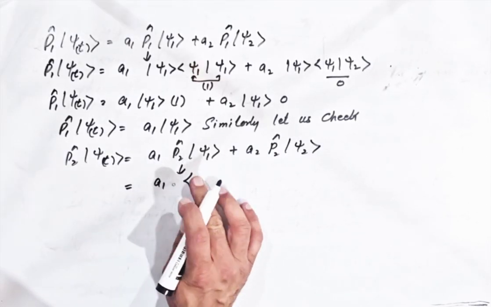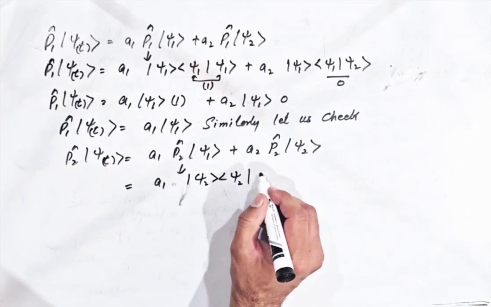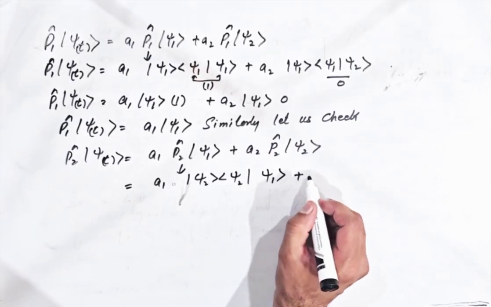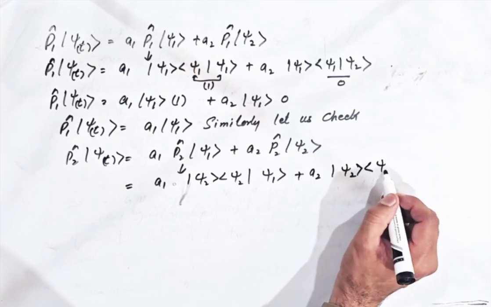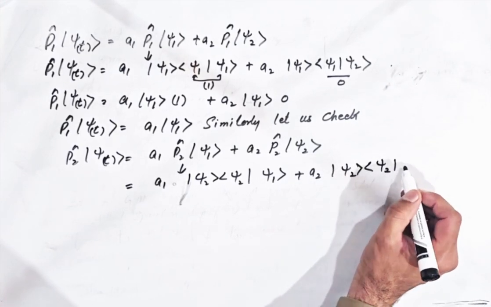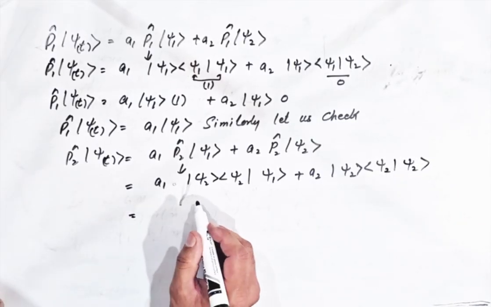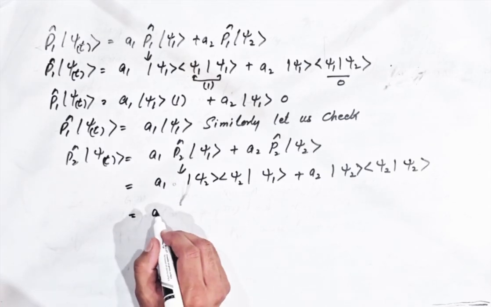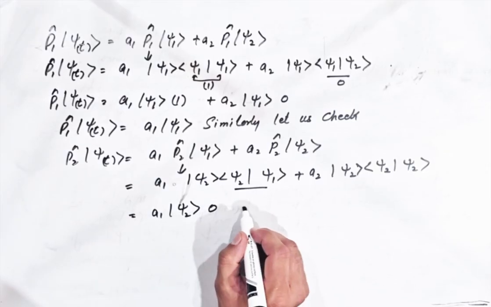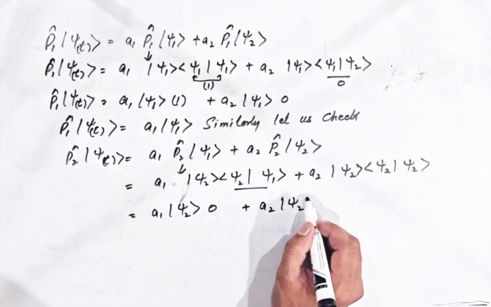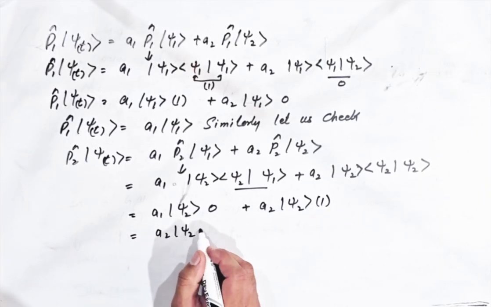This projection operator is psi 2 on psi 1 plus a2 projection operator psi 2, the projection operator on psi 2. a1 psi 2 is equal to 0 plus a2 psi 2, and this is equal to 1. a2 psi 2.